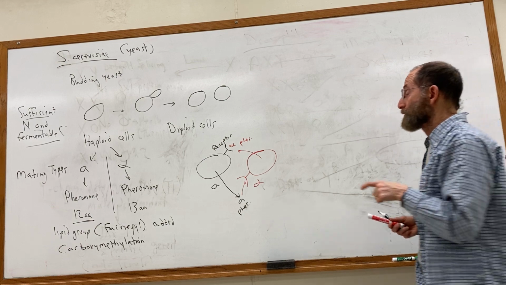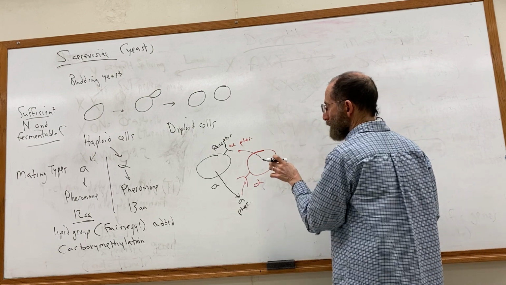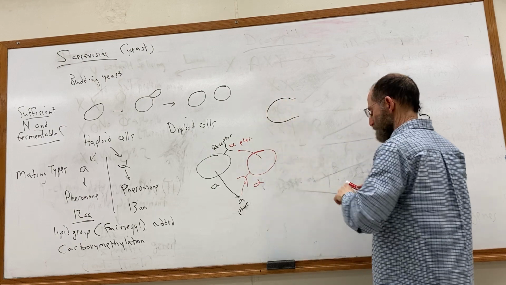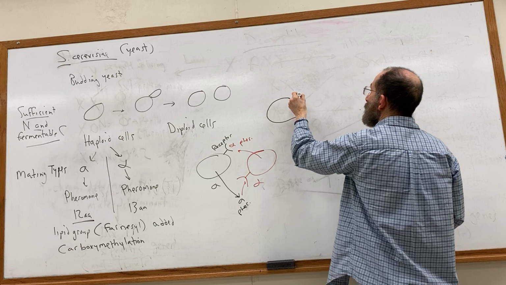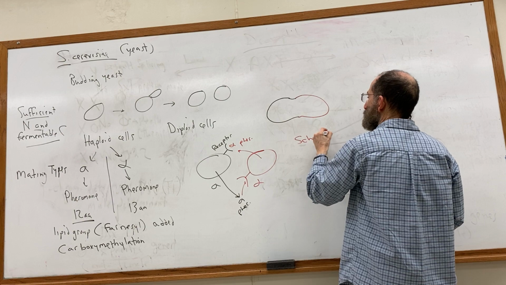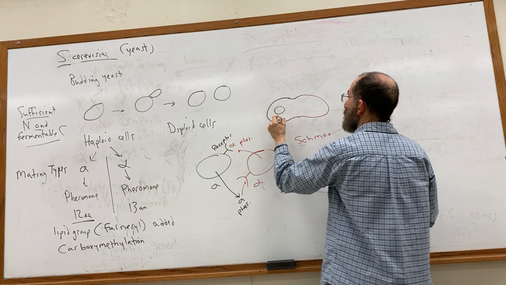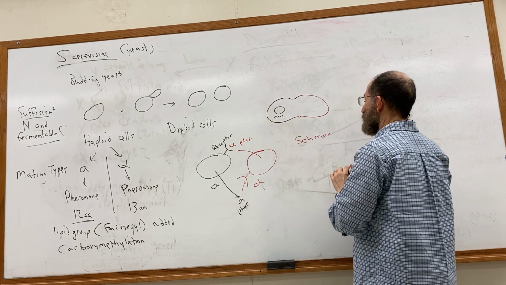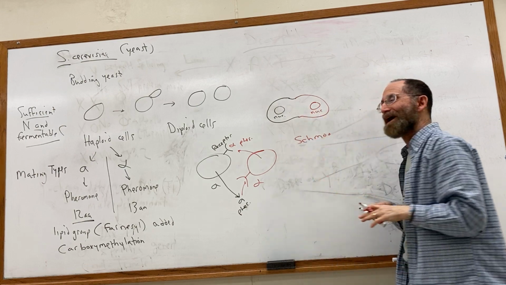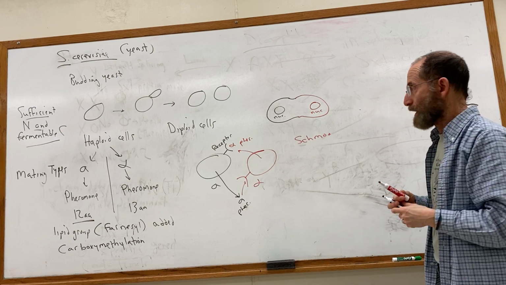But the main thing that happens is they move towards each other and they produce a structure that is part of their fusion process that winds up looking like this. And this is referred to as a shmoo. And initially, the nuclei are separate, but eventually the nuclei fuse, and the result is that you get a diploid cell.